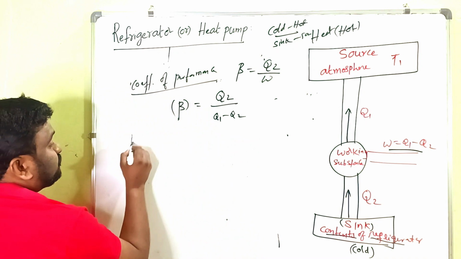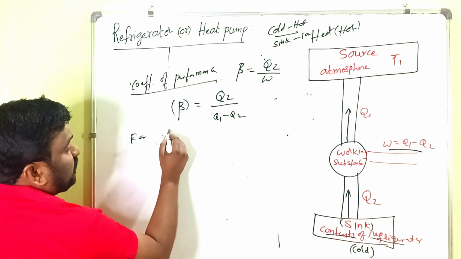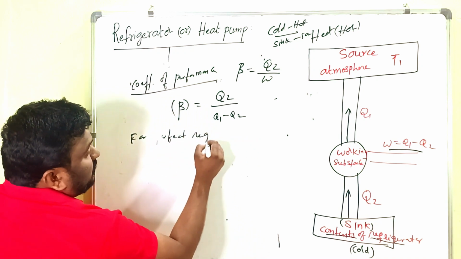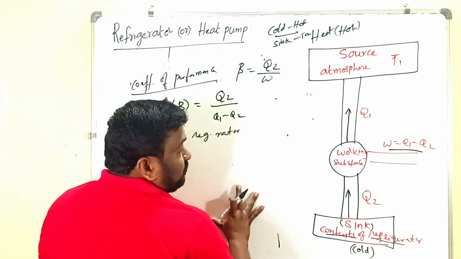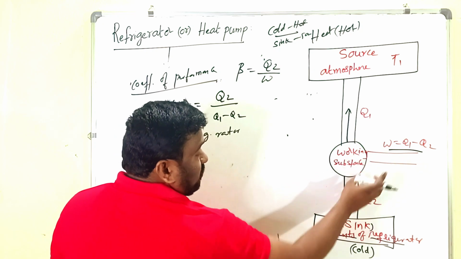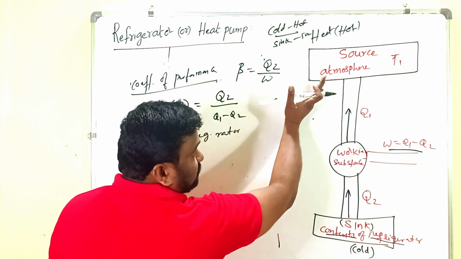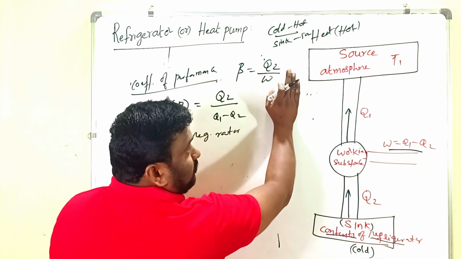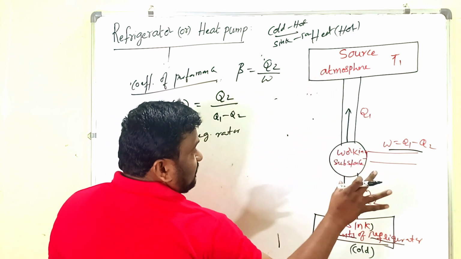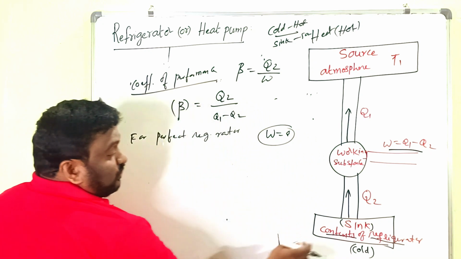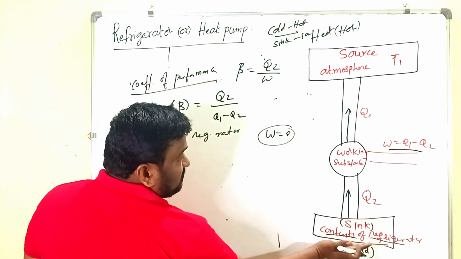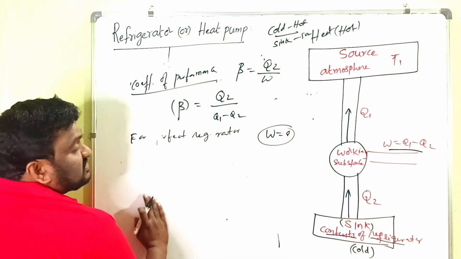So for a perfect refrigerator, as I told you just now, some external agent is required to move the heat from the sink to the source. But in the case of a perfect refrigerator, there is no work done to move the heat from the sink to the working substance.